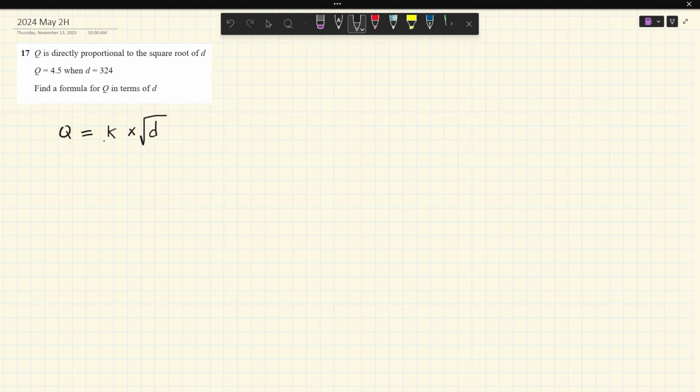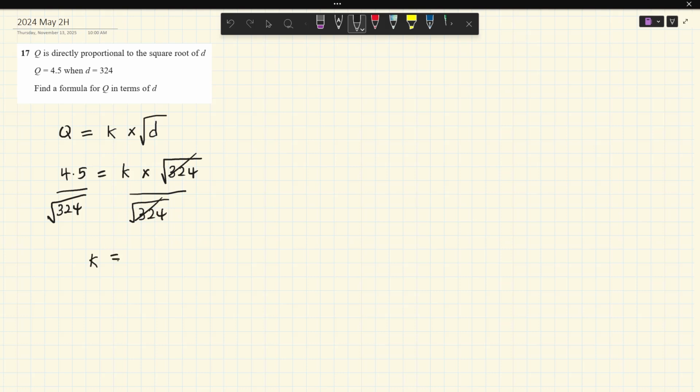Now we need to find K. To find K, we have to substitute Q and D. Q equals 4.5 equals K times the square root of 324. Then to find K, we divide both sides by root 324, and root 324 gets cancelled.